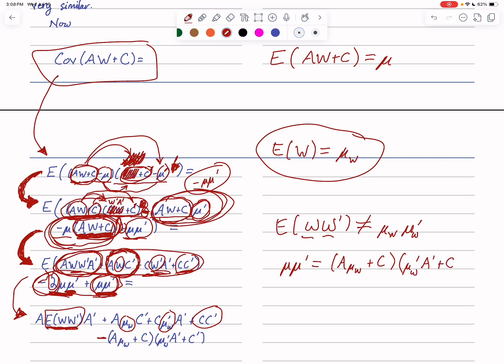And this is because if you're taking the expected value of AW plus C, you could just distribute the expected value into that. And so this all along was always equal to A mu_W plus C.